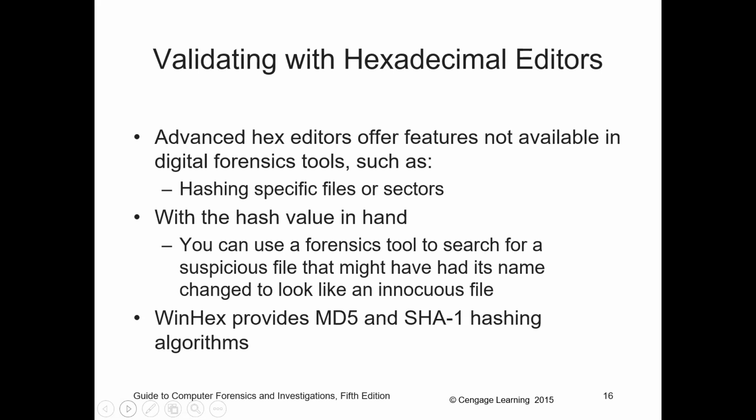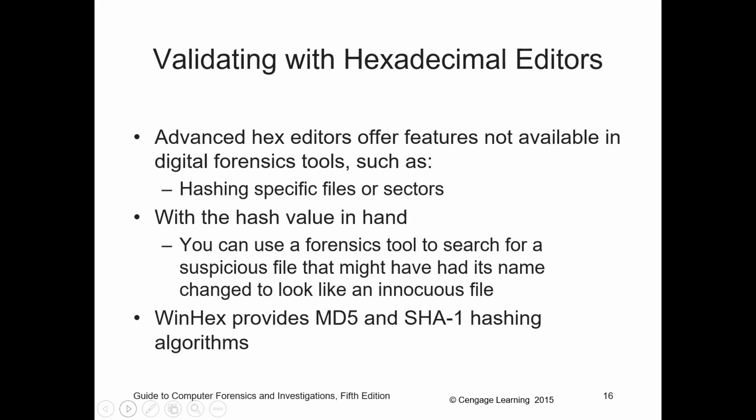So with a hash value in hand, you can use a forensic tool to search for a suspicious file that may have had its name changed to look like an inconspicuous or innocuous file, a file that is just appearing for the first time, as if it's something that someone has concocted over time.